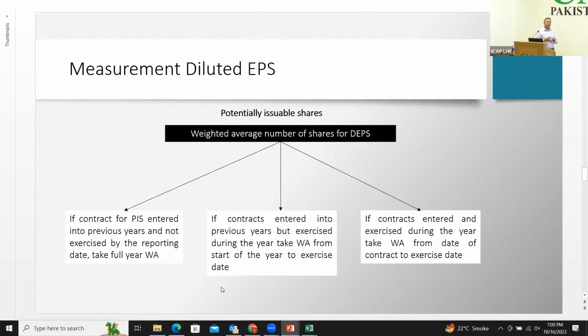If a contract exists at the start and is exercised during the year, it will only be included in the calculation of dilutive EPS for the period in which it was outstanding. If the contract was issued during the year and exercised during the year, it will only be included for that part of the year in which it was outstanding. So it's very important that for dilutive EPS, they only become part of the weighted average when they were outstanding, before they were exercised.